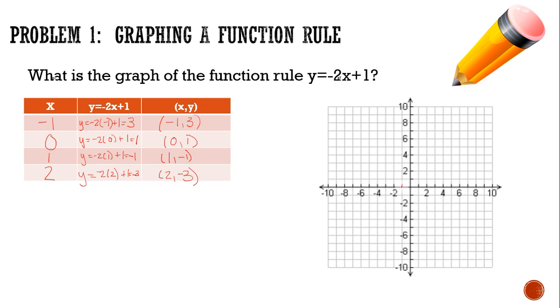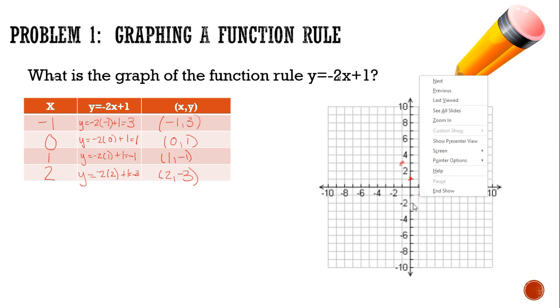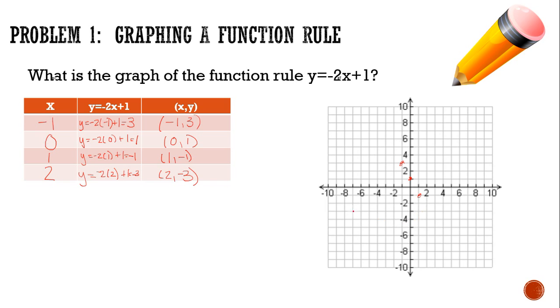So negative 1 up 3, dot. 0, 1, 1, negative 1, and 2, negative 3. So then I gotta connect my line here. There we go. Made my graph.